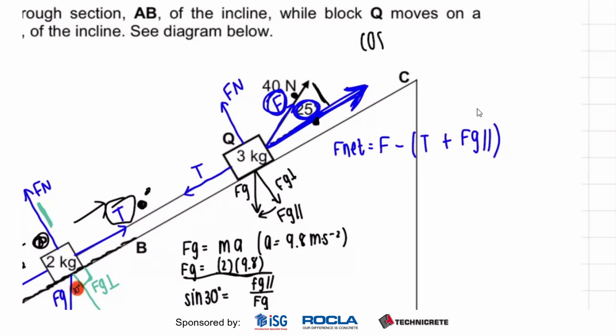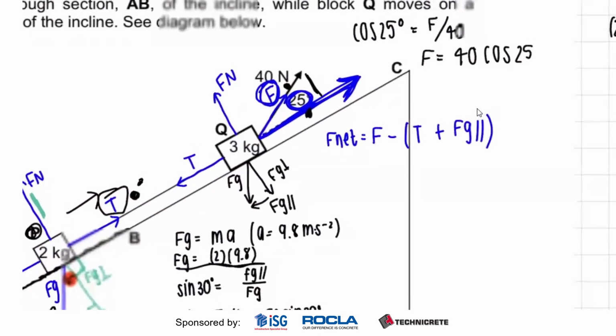So the cos of 25 degrees is equal to the adjacent angle, which is our force that we want, over the hypotenuse, which is the 40 newtons. Therefore, the force that we want is 40 newtons times the cos of 25. Okay. Anything else we need to work on?